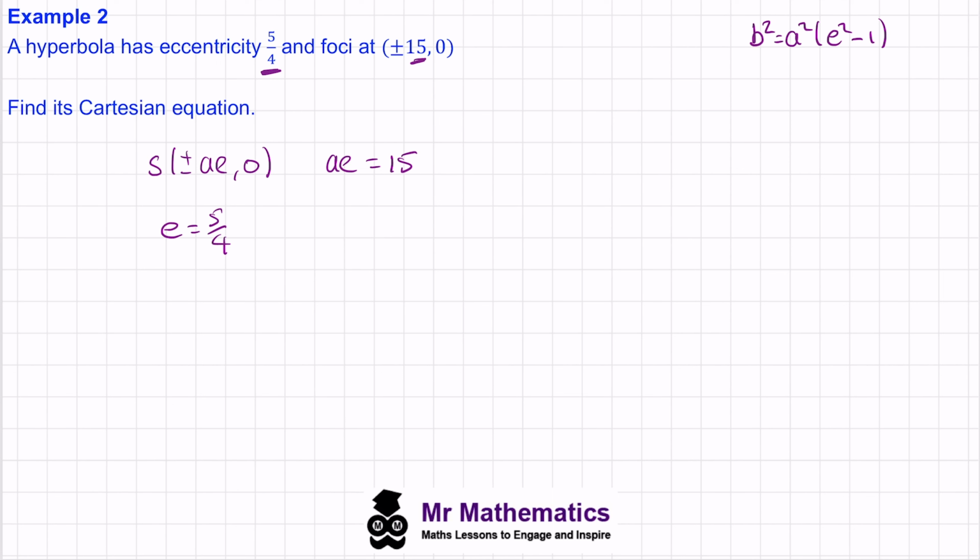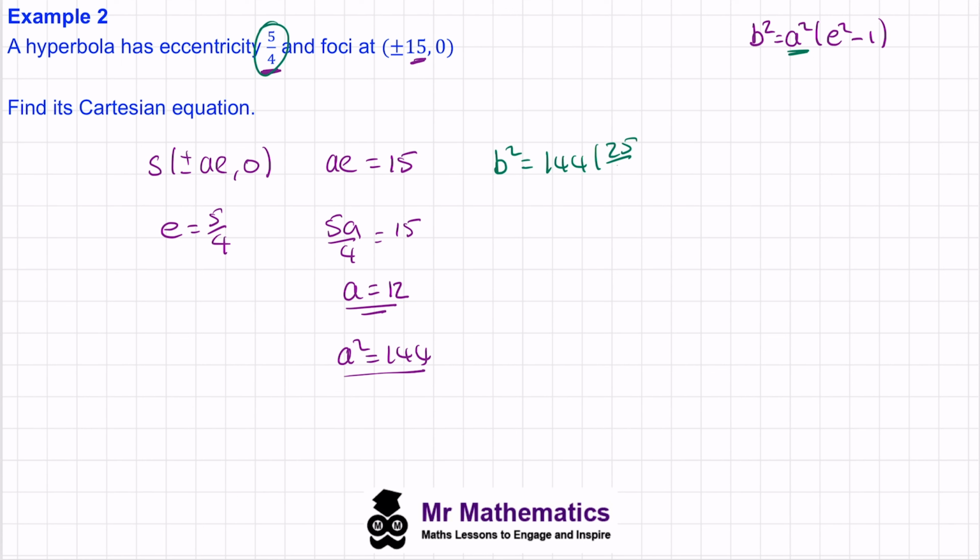So what we can do is substitute this value of e into here to find a. So 5a/4 will equal 15. We can multiply both by 4, divide by 5, so a will equal 12, which means a squared will equal 144. And now to work out our b value, we know b squared will equal a squared, 144, over e squared, 25/16, minus 1.